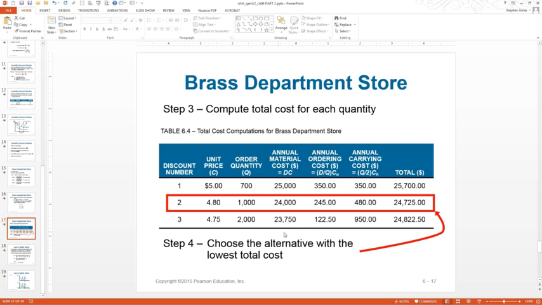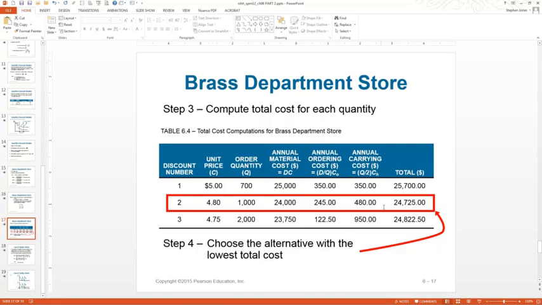Now this is on the same number of units each time, so our number of units hasn't changed. It's going to be times the material costs. But this is also impacted by our ordering costs and our carrying costs.